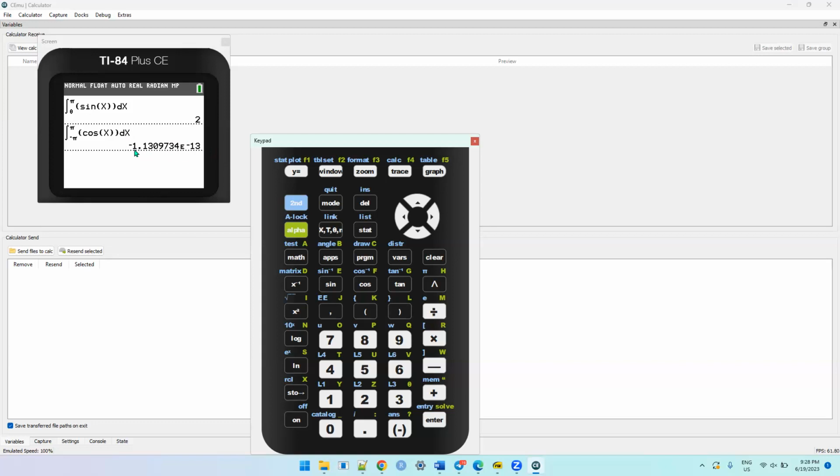You read this as negative 1.13 and so on, times 10 to the power of negative 13. E minus 13 means times 10 to the power of negative 13, which is a very, very small number. Although it shows negative, actually this is a calculator error. It's actually equal to 0. This integral should be exactly 0.